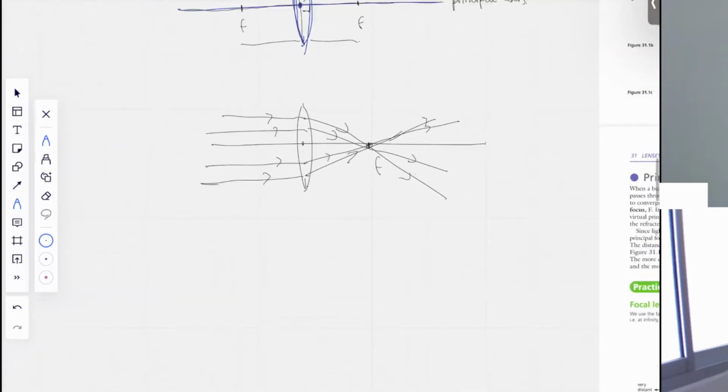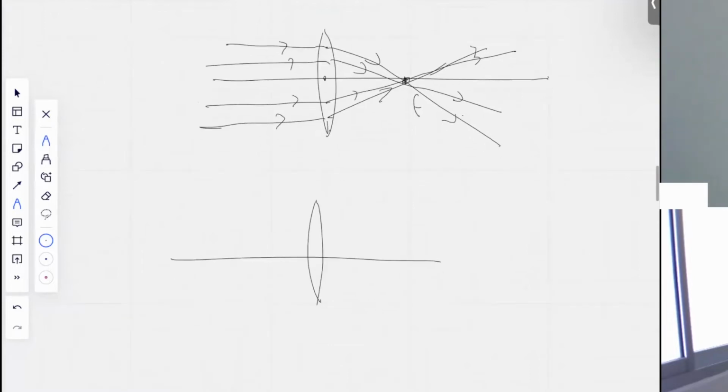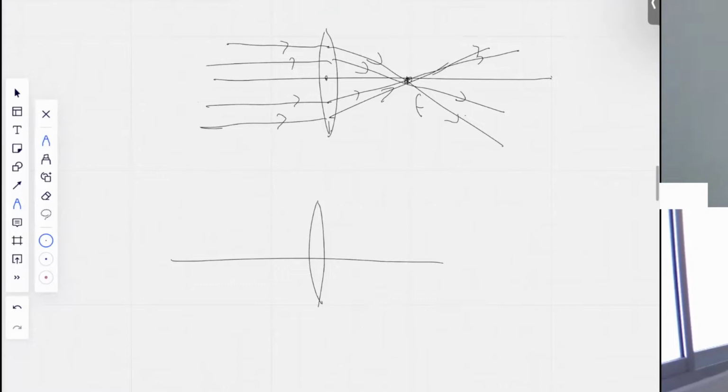Then, if you have a light ray, you have 4 types of light rays that you must be able to draw.